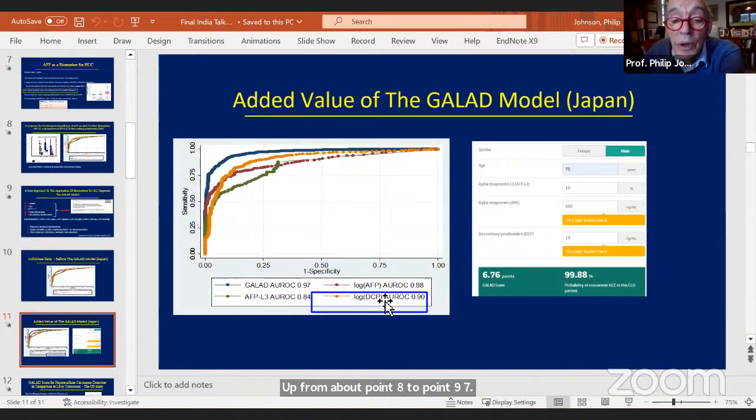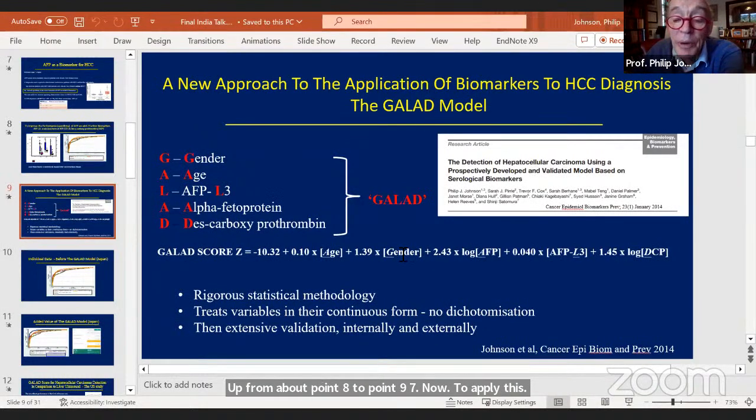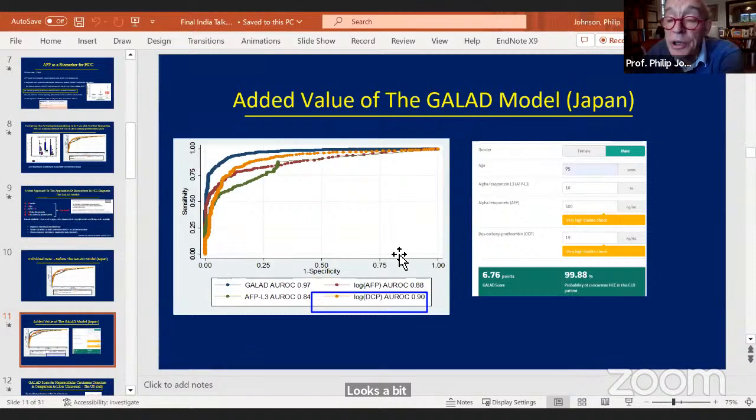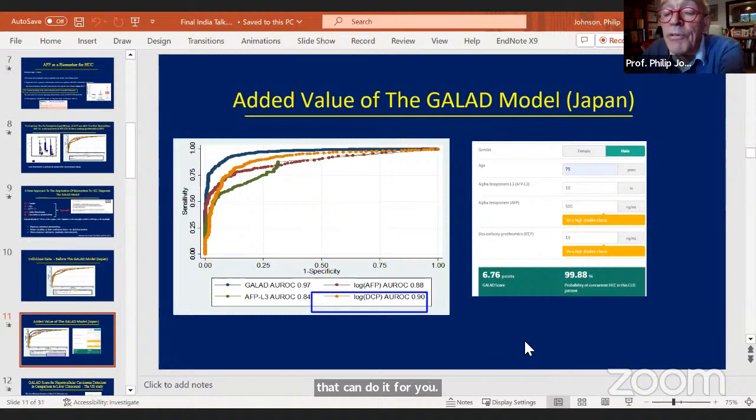Now, to apply this looks a bit frightening, this formula, but you don't need to do that because on the web, there are many apps that can do it for you. And I've just shown you here one such app where you fill in gender, age, AFP, L3 and DCP.